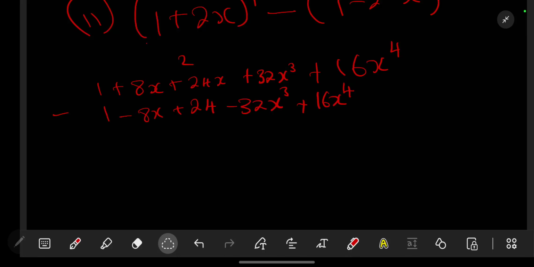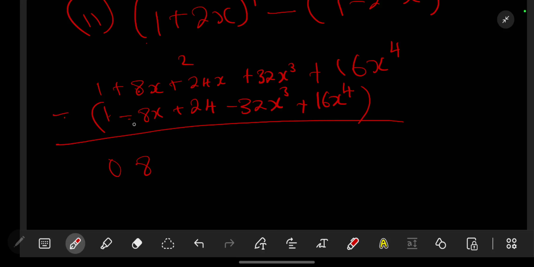So we subtract. When we do that, we are going to get 1 minus 1 is 0.